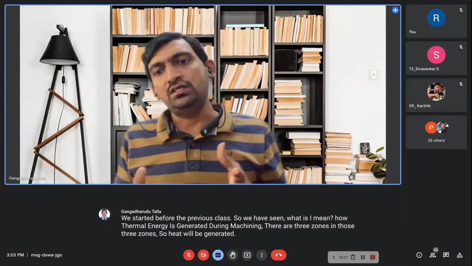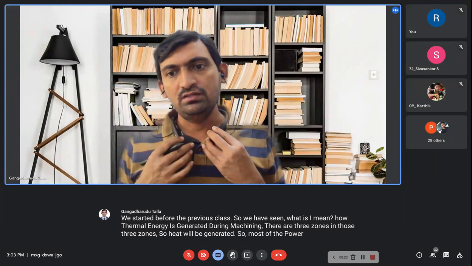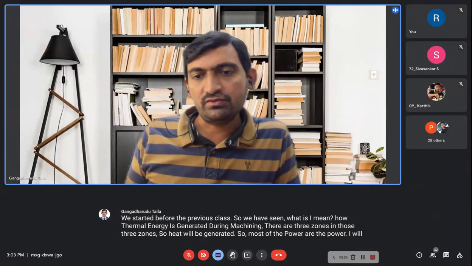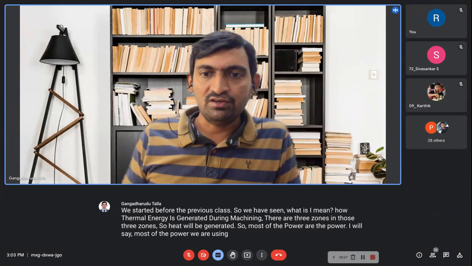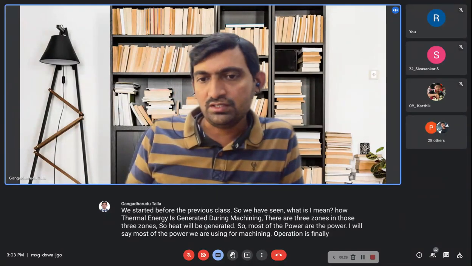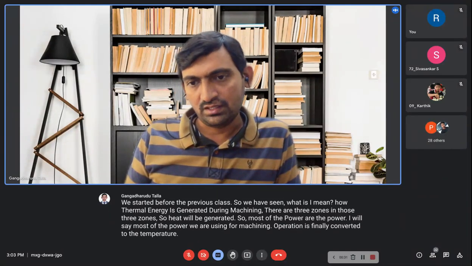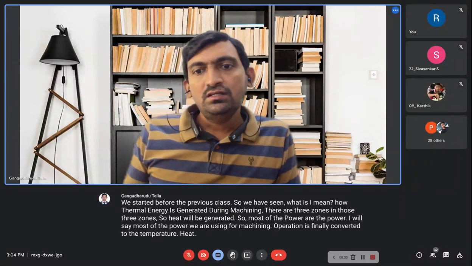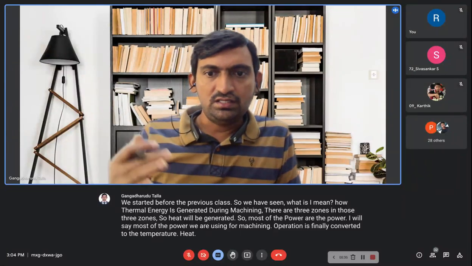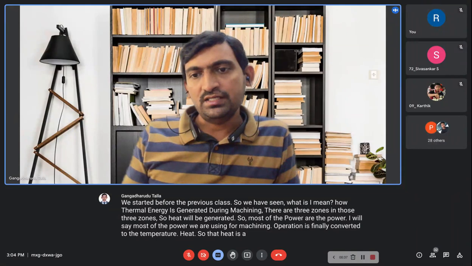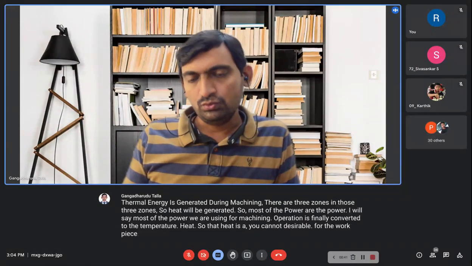Most of the power we are using for the machining operation is finally converted to temperature or heat. That heat is not desirable for the workpiece and for the tool.